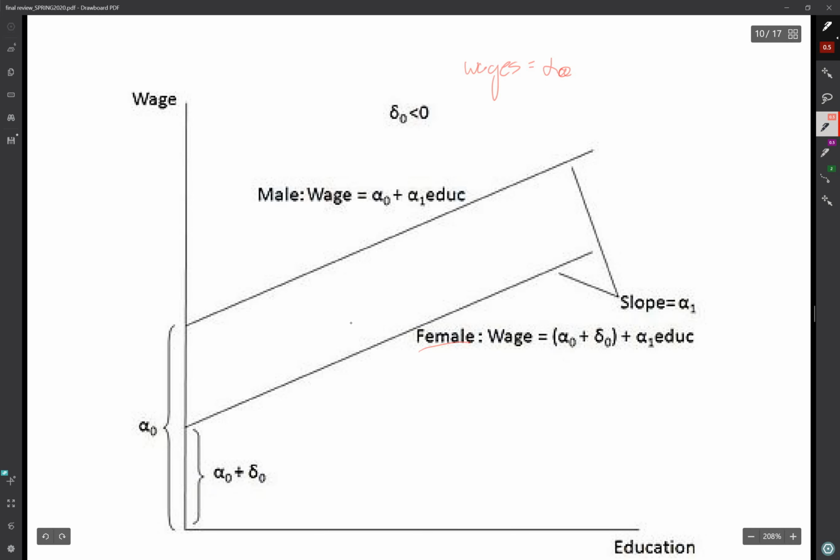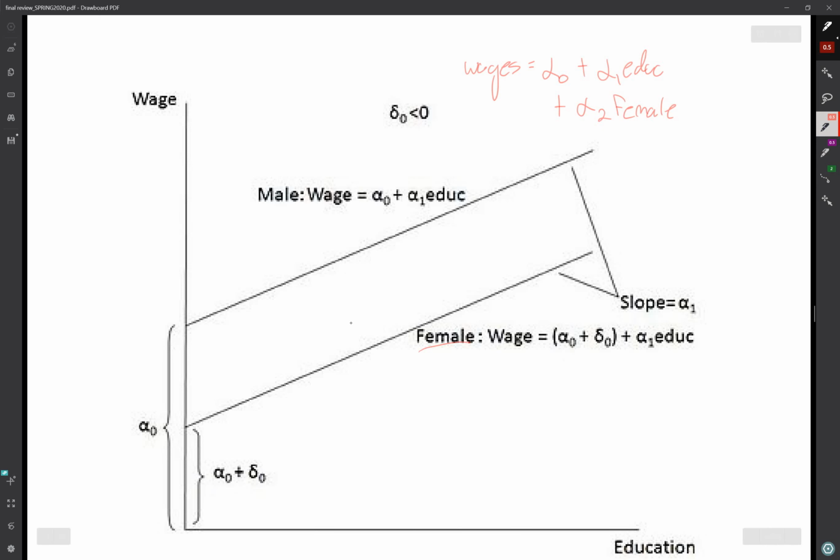They use alpha notation here for the coefficients, and they use delta for the dummy coefficient. That's fine, we can just follow their notation here, but a lot of times I'll just use betas.